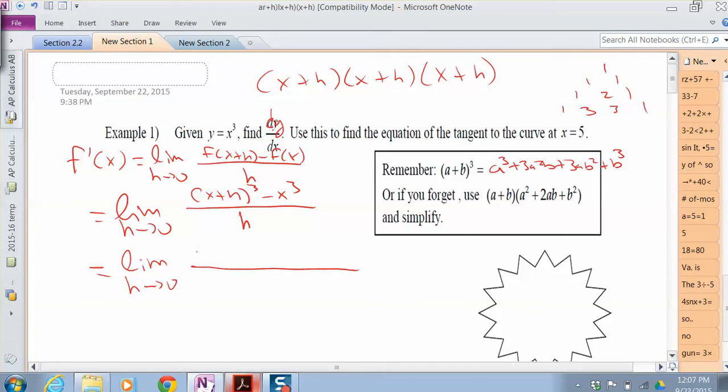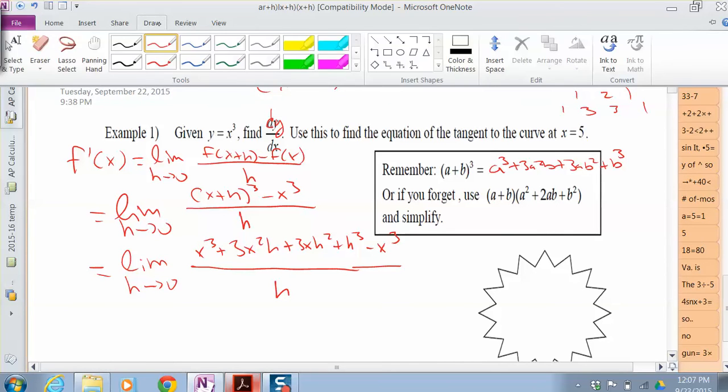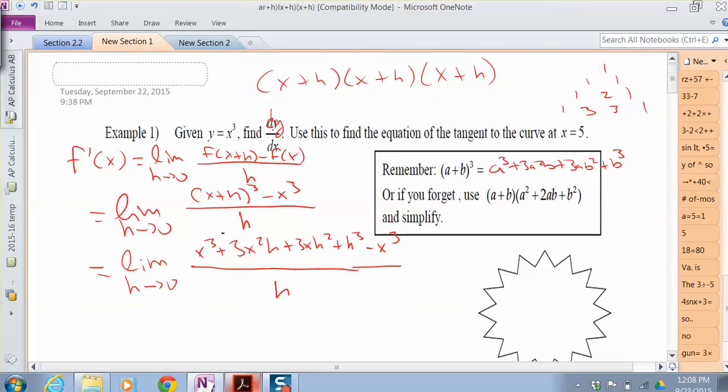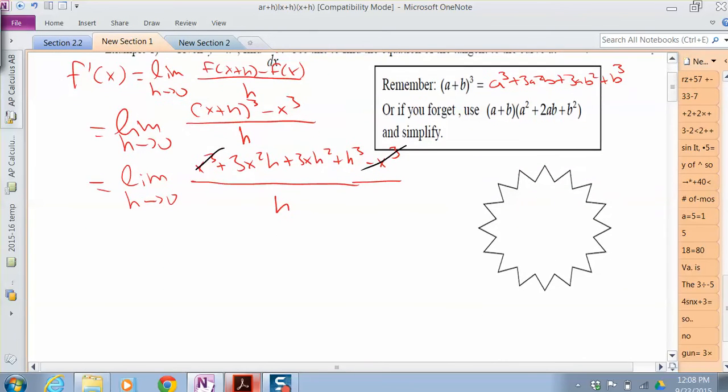We can expand it in this manner: x cubed plus 3x squared h plus 3x h squared plus h cubed minus x cubed all over h. Now, I see an opportunity to cancel, which is fantastic. And I also see an opportunity to factor. I could take out an h.